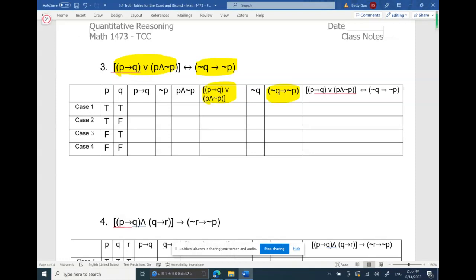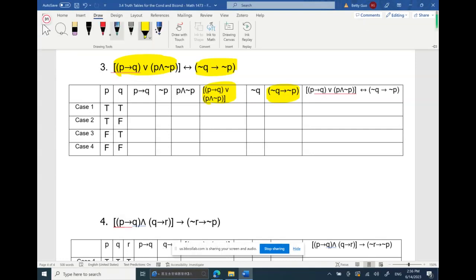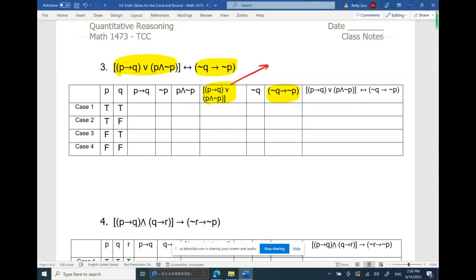And we need to figure out the truth value for each component. Okay, so for the first piece, let's figure out what it is. The first piece is a disjunction. The disjunction has 2 components. The first component is P implies Q, conditional.